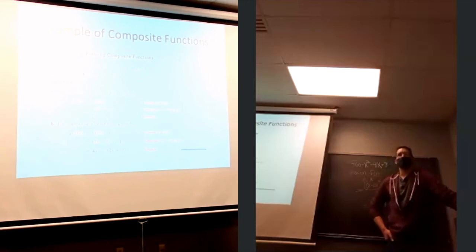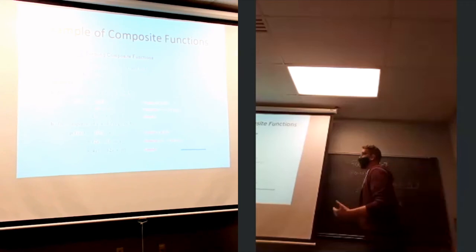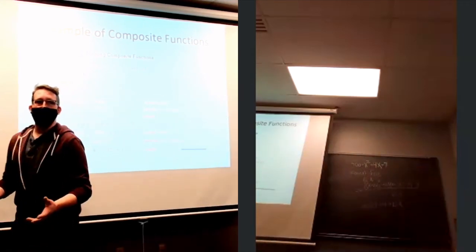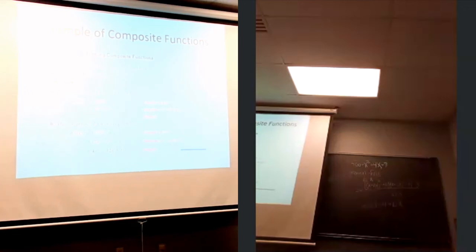They're not equal. That's because, generally speaking, f of g of x won't be equal to g of f of x. So the order here matters, right? Is everybody cool with this? Yeah? Cool?